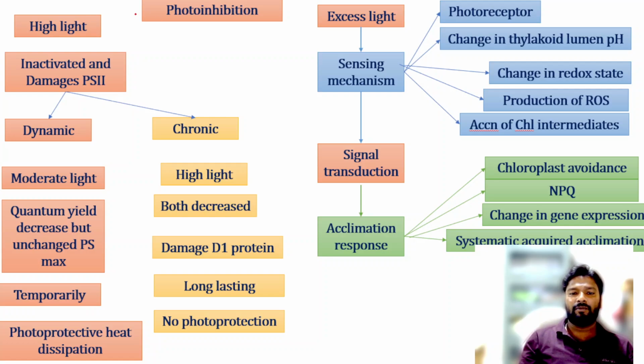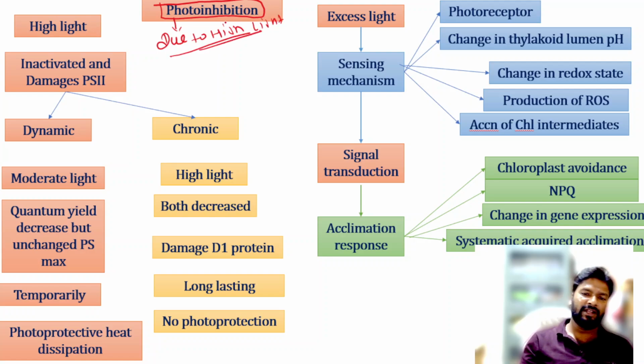Now come to the photoinhibition process. In the first slide, we discussed what photoinhibition is. Due to high light, there is a reduction in photosynthetic rate, known as photoinhibition.